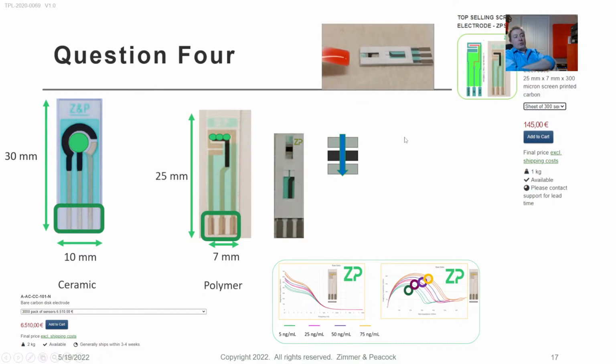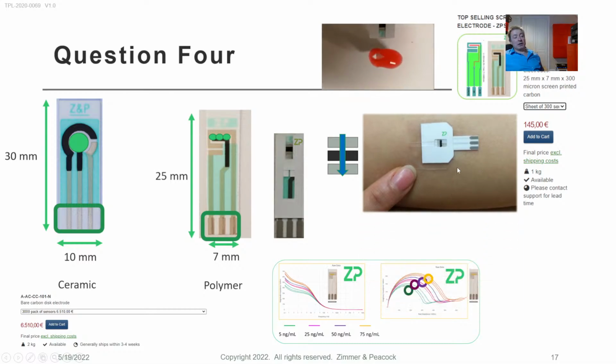In this video, we're just showing you that, in fact, we have changed this SPE into a microfluidic device, and you can see the way that the sample wicks on. And it's that wicking on that's why the electrodes are the way they are. It's a similar thing if you're trying to make wearable sensors.